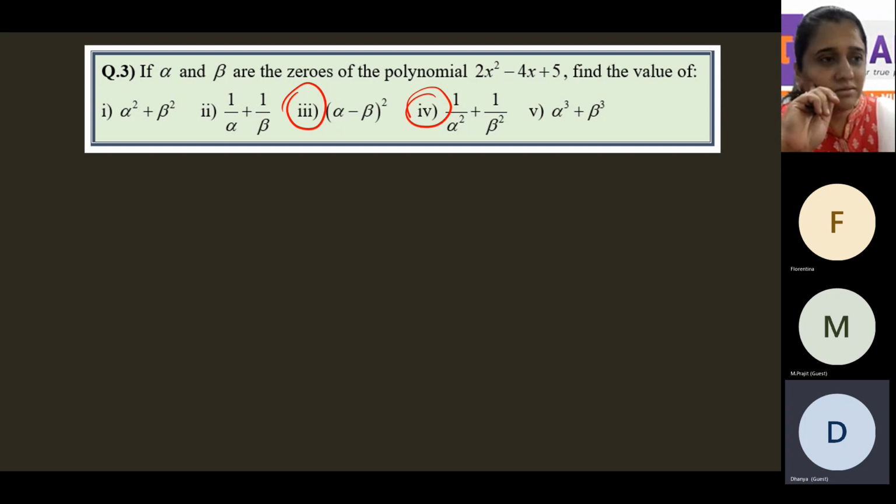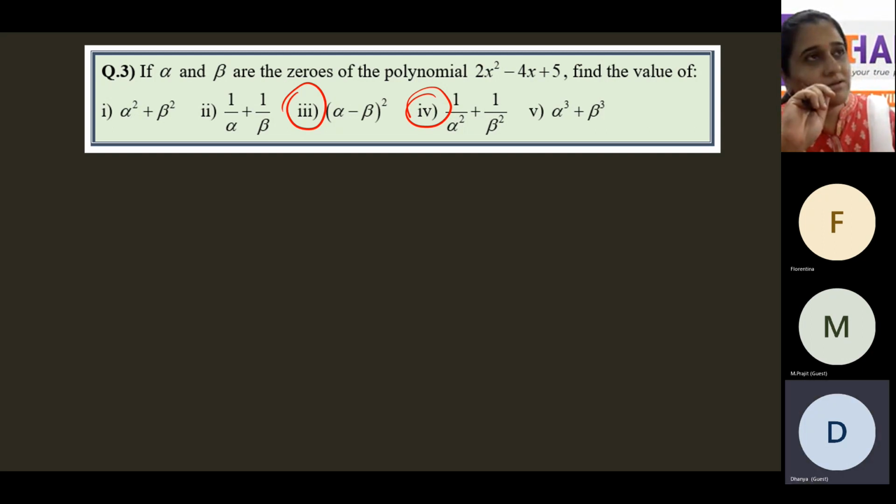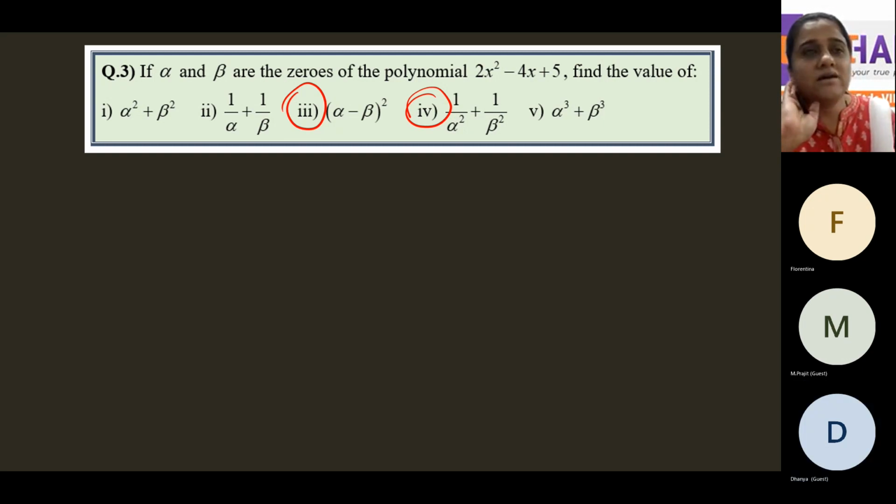So I combined it as alpha plus beta the whole square minus 2 alpha beta minus 2 alpha beta. And then I have written out the values for A, B, and C, ma'am. Alpha plus beta is minus B by A. I got 2, ma'am. 4 by 2, that is 2. Finally you got alpha plus beta the whole square minus 2 alpha beta, that's all.